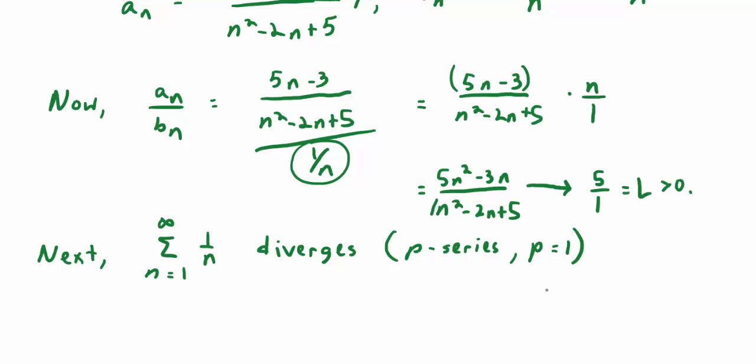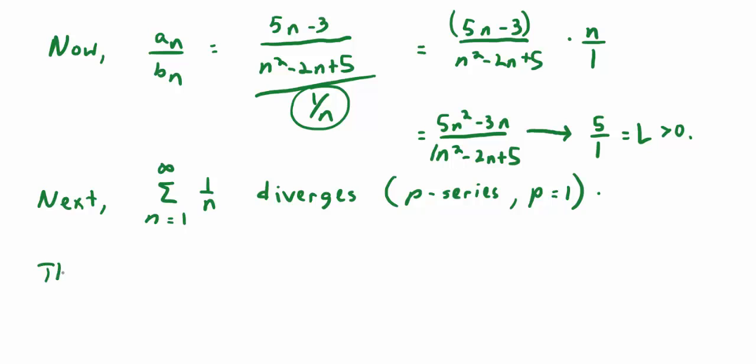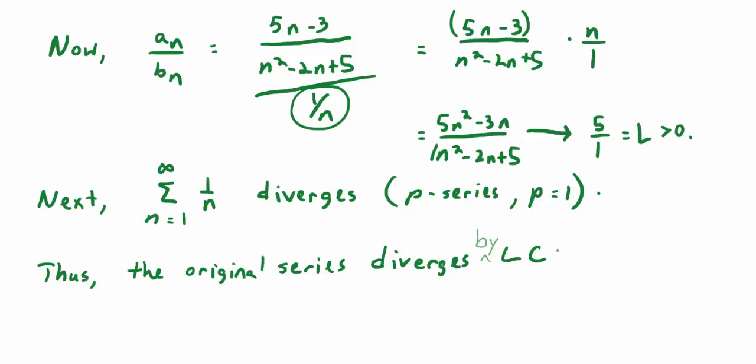Remember, in order for it to converge, p has to be bigger than 1, right? And then finally your conclusion, thus, the original series diverges, and what's the reasoning? How do you want to shorten limit comparison test? LCT.